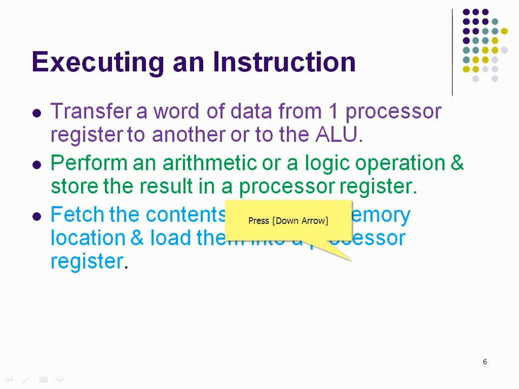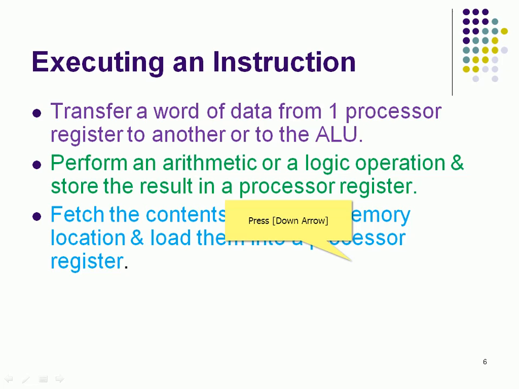Fetch the contents of the given memory location and load them into a processor register. Fetch the contents of the given memory location. That is the instruction which is pointed to by the MAR, in turn by the PC, program counter. The program counter tells the MAR to go to the memory, where it will be identified, and once identified, it has to be sent to the processor by loading onto the memory bus, and it travels across the memory bus and reaches the processor.